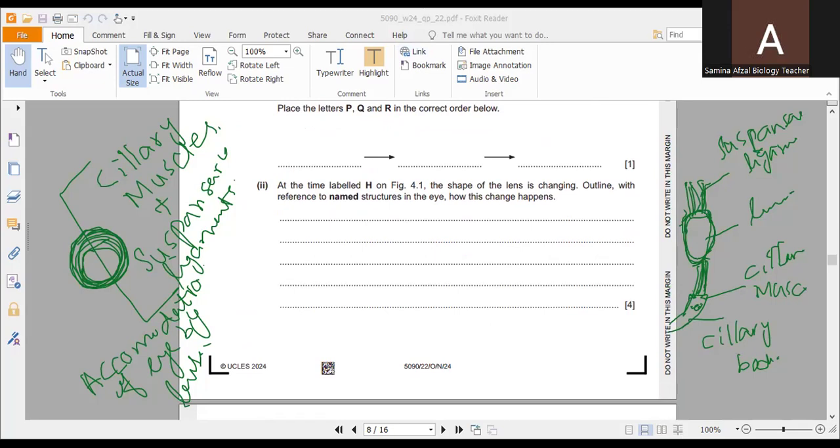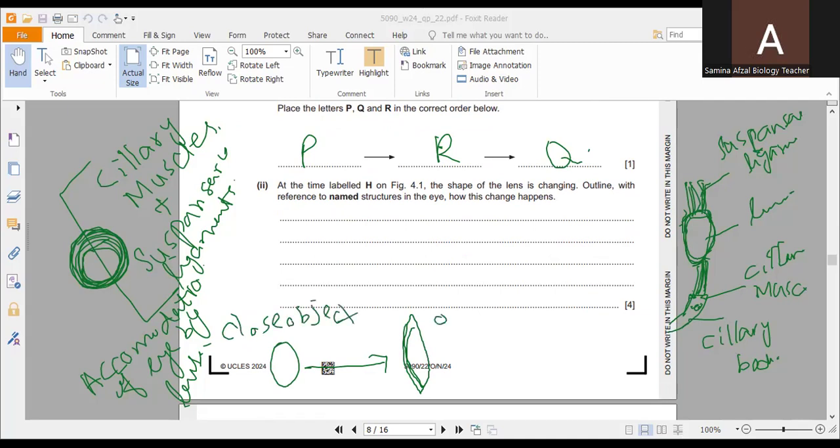Least curvature is there, and in that condition the suspensory ligaments will become very taut because the object is at a very far distance.